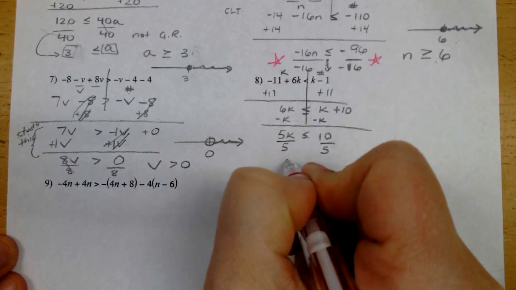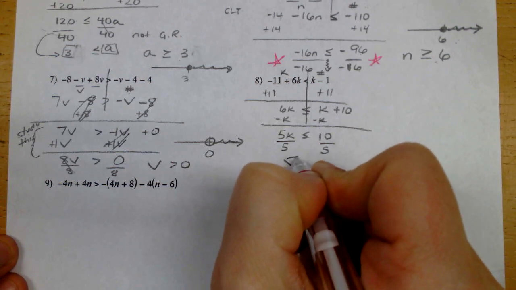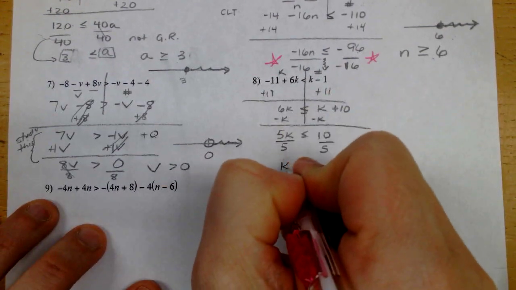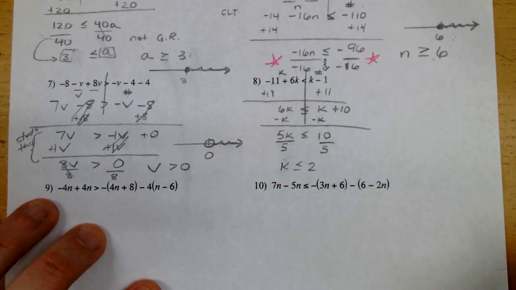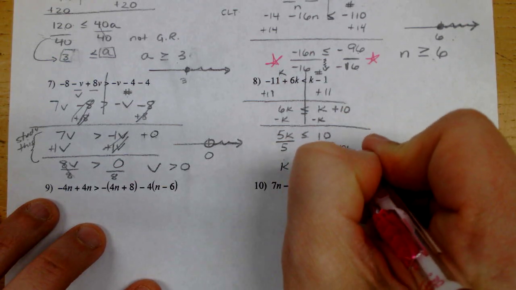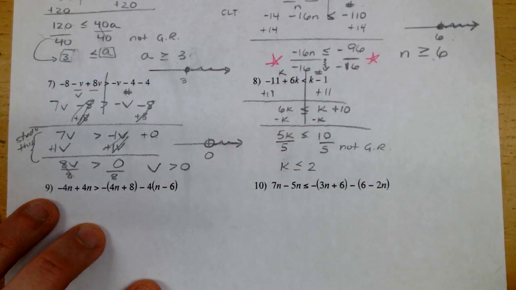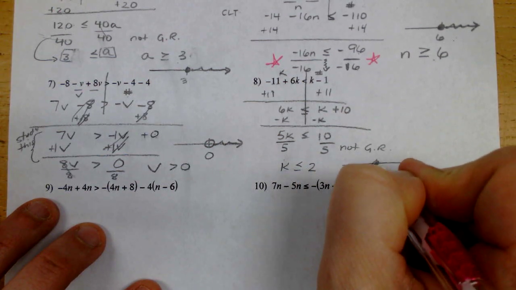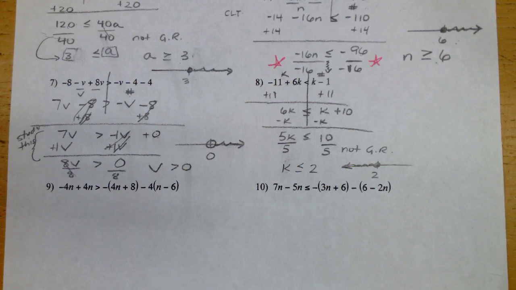Divide by 5. Sorry, that's supposed to be my less than or equal to symbol. K is less than or equal to 2. K is on the left, don't need to flip it. Not a golden rule, so this is not the golden rule, obviously. Graph my solution, solid, shade left.